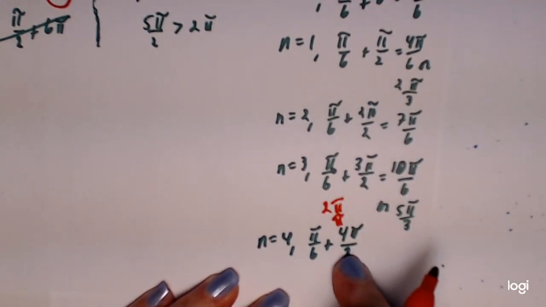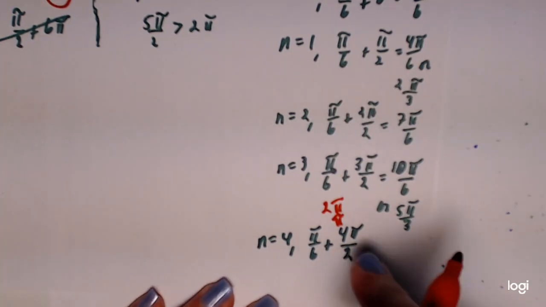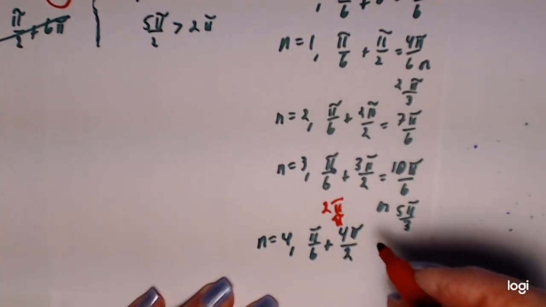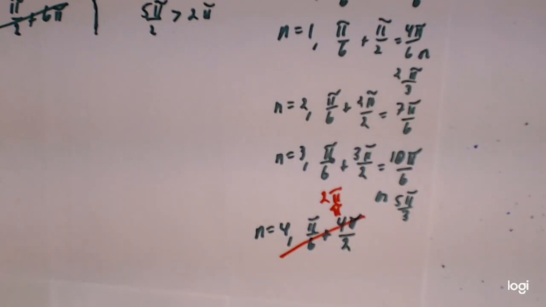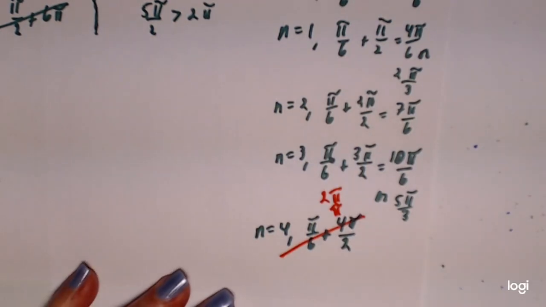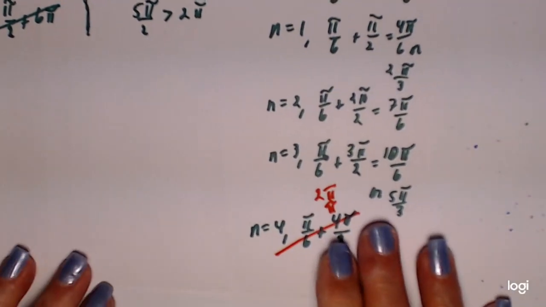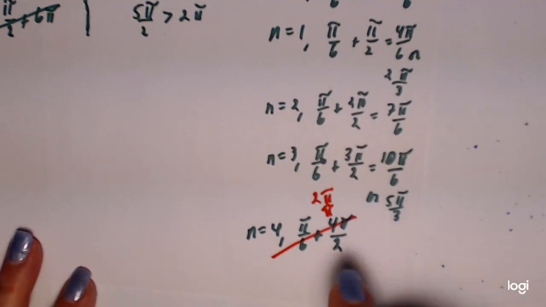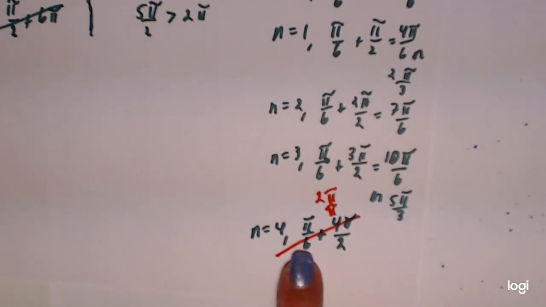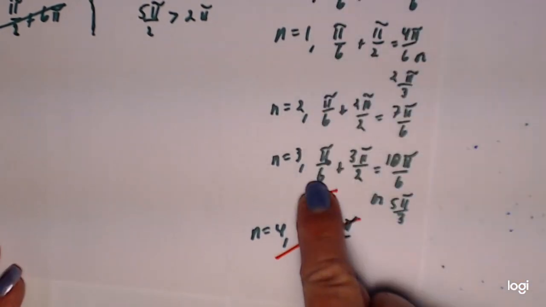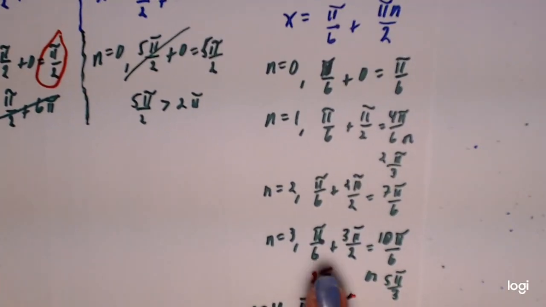We're going to be beyond our 2 pi because we're adding this here. So we are done. If you didn't recognize that this was 2 pi, you would get an angle that would obviously be bigger than 2 pi, so we wouldn't use it. It's beyond where we're looking for our answers. So here are our 4 answers that we saw on the graph.